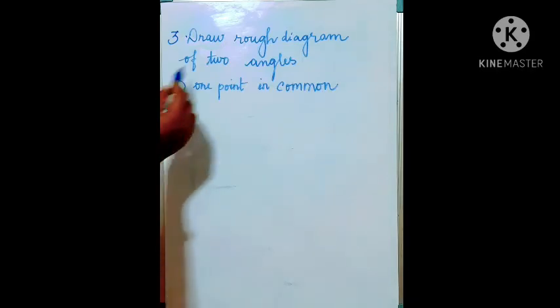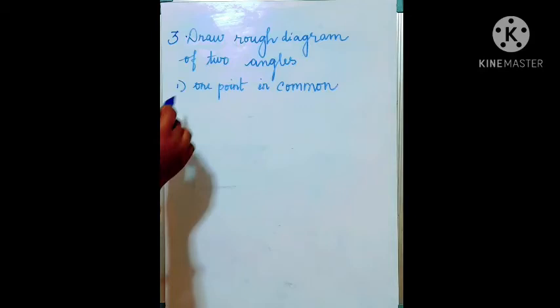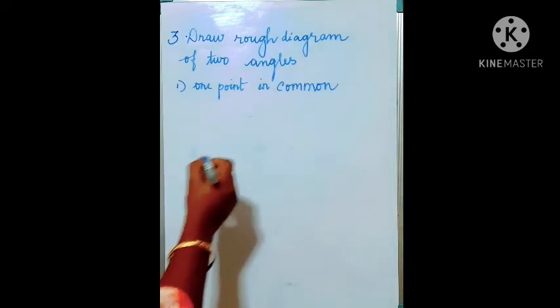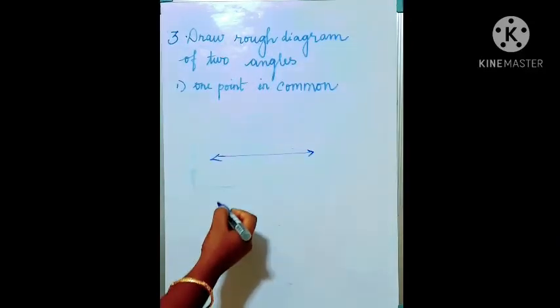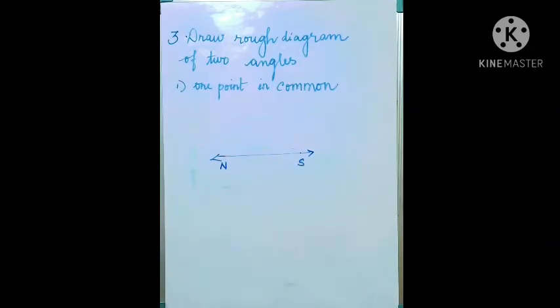Now listen, third sum. Draw a rough diagram of two angles with one point in common. Okay, you want to draw a rough diagram. So how to form that? First you draw a line. That line is N and S. Any letter you can put, that's not a problem. But when you are writing the angles, you have to write them carefully.